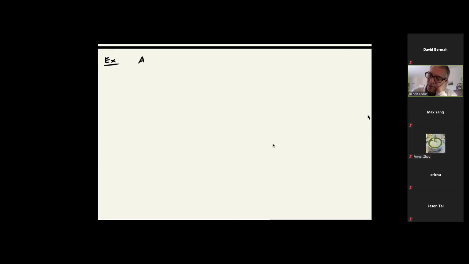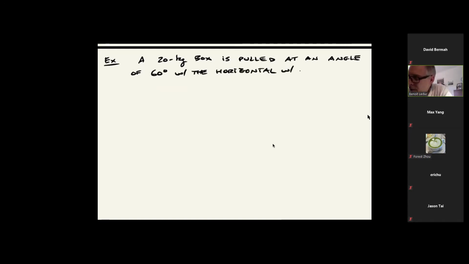A 20-kilogram box is pulled at an angle of, let's say, 60 degrees with the horizontal. With a force of, let's say, 160 Newton.